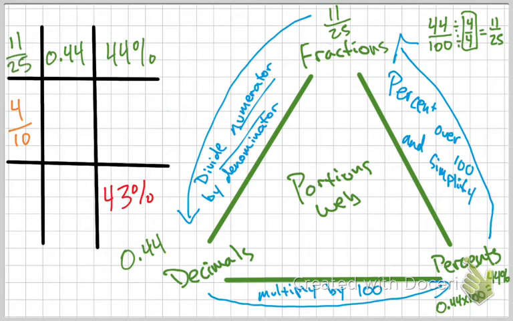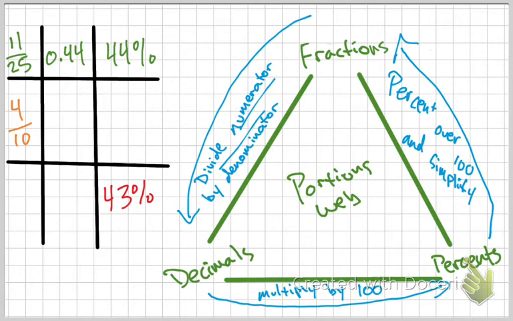Now, I've got one value, but for the next one I have a fractional value and I don't know the decimal and I don't know the percent. So I'm going to come back to my portions web and clear some of that information out. And this time I'm going to start with my fraction at the top, 4/10.